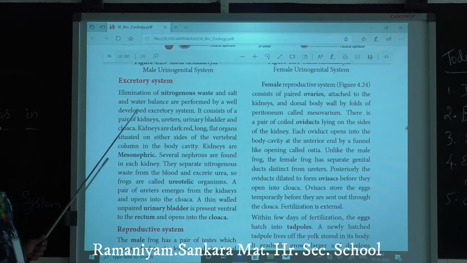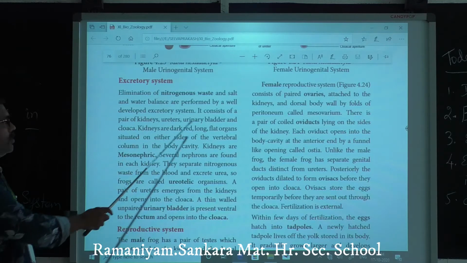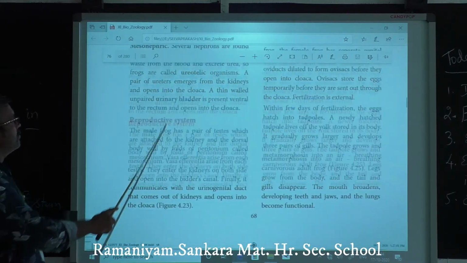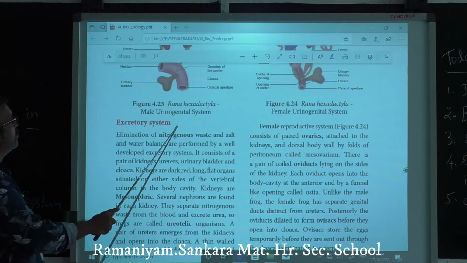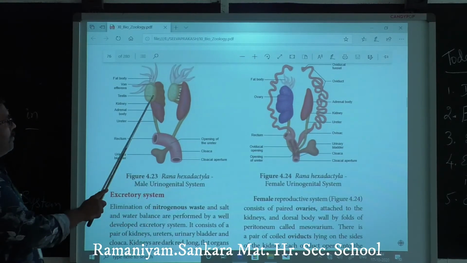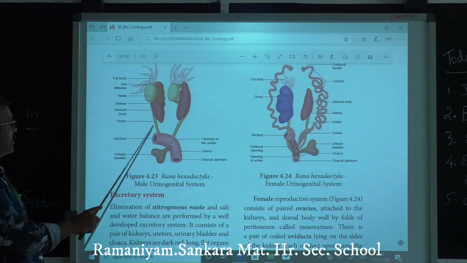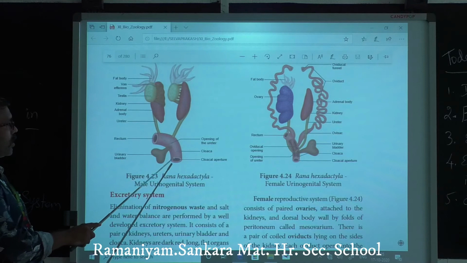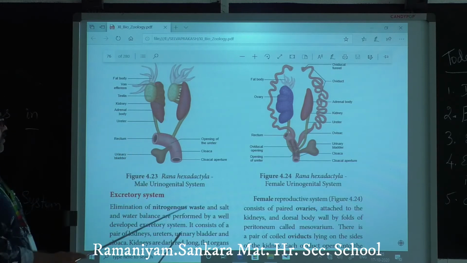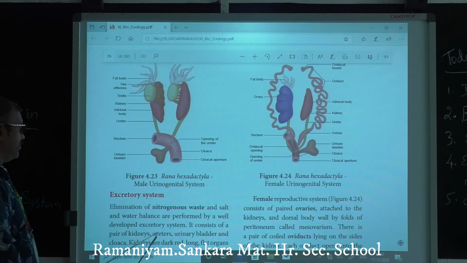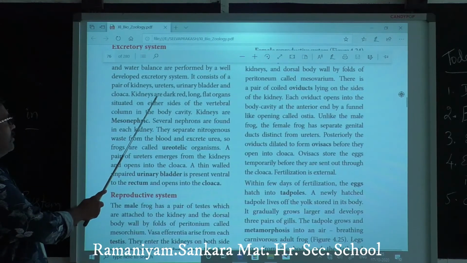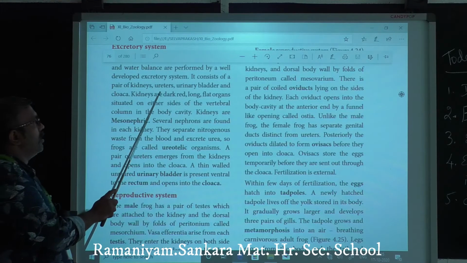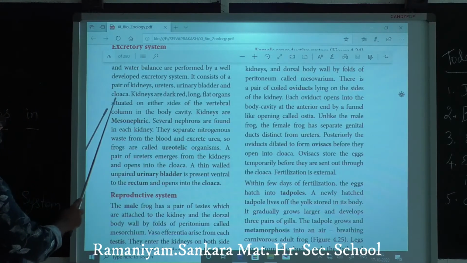It consists of a pair of kidneys, ureters, a urinary bladder and a cloaca.